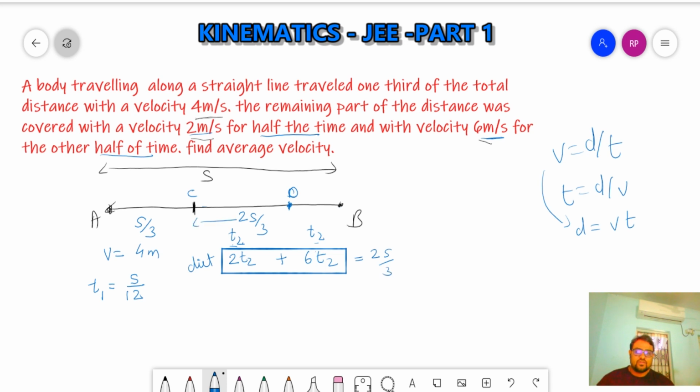So this distance C to D is 2T2, D to B is 6T2, total 2S by 3. So I get 8T2 equal to 2S by 3. So T2 is equal to S by 12. Here the second time is also S by 12.